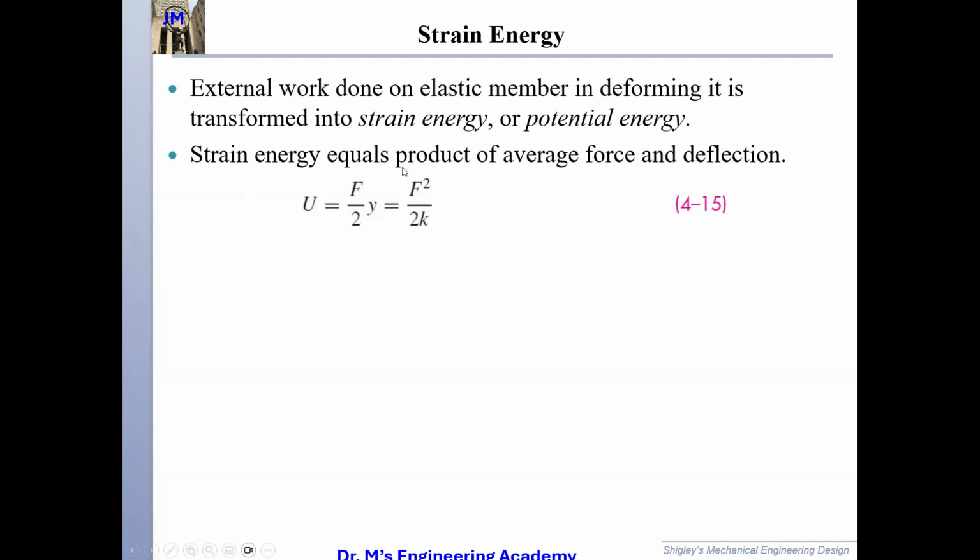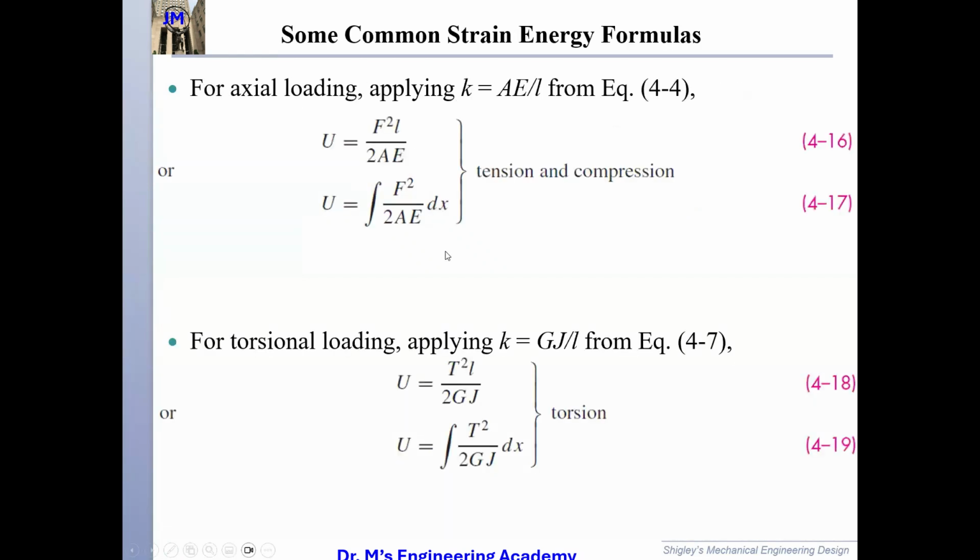And the strain energy equals the product of average force and deflection. So U equals half of F multiplied by delta. And K is a constant, K is a spring constant. Okay, so you do not know the strain energy.